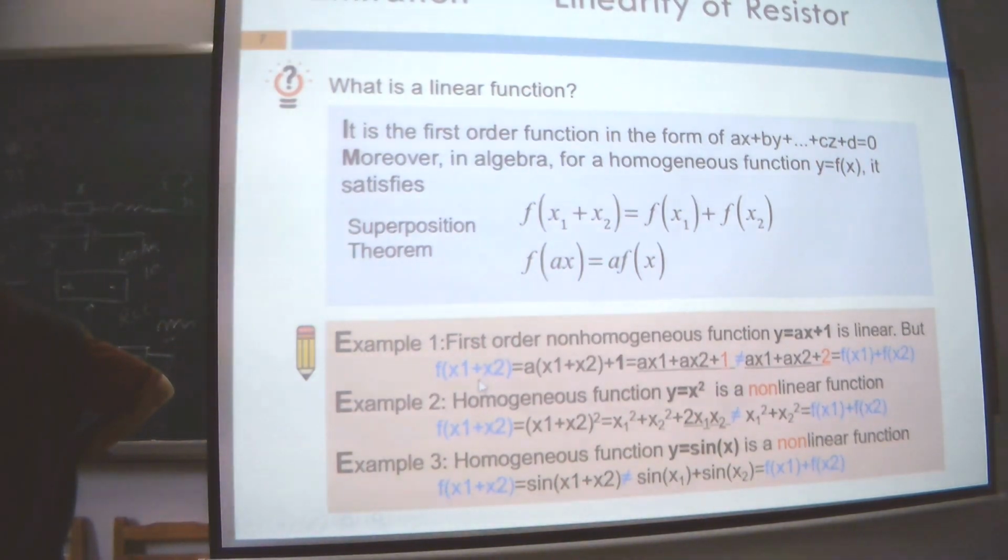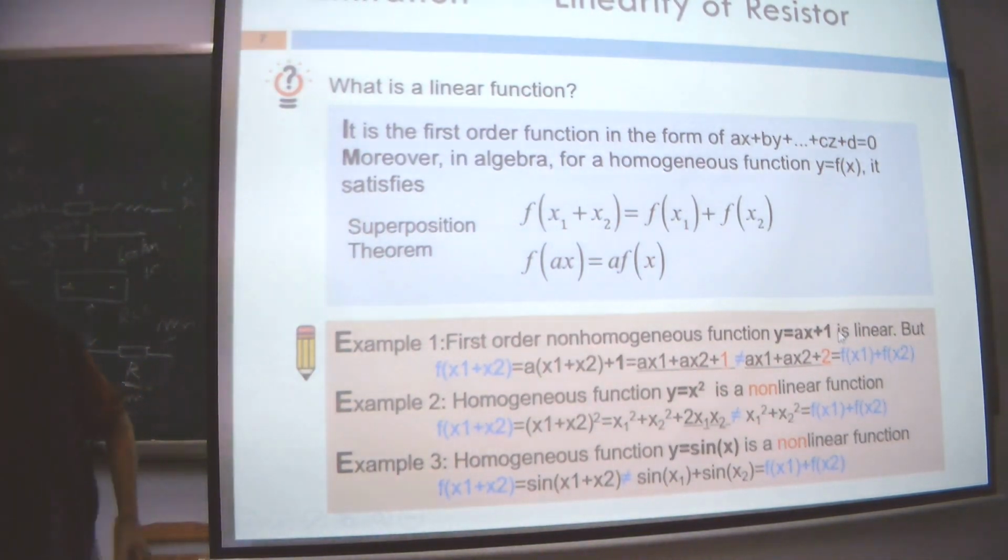Let me have a look. f of (x1 plus x2) equals a times (x1 plus x2) plus 1. And if we separate them, it's equal to this one. It's not equal to f of x1 plus f of x2. So it's not linear.